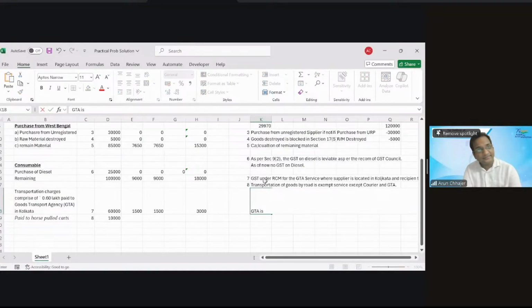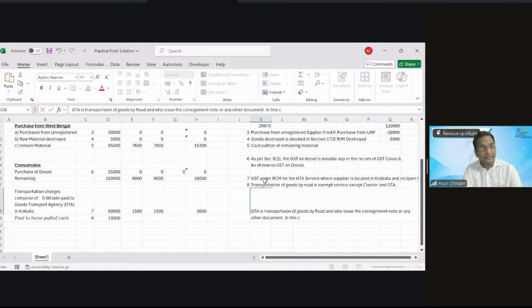GTA is transportation of goods by road where the person issues a consignment note or any other document.